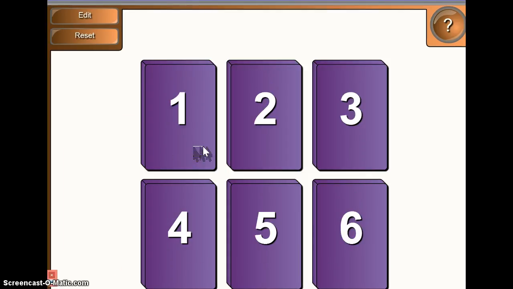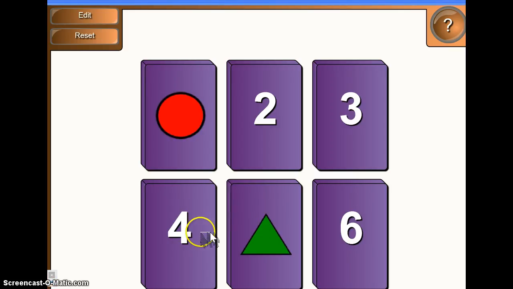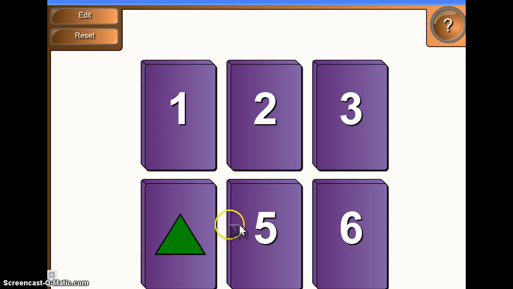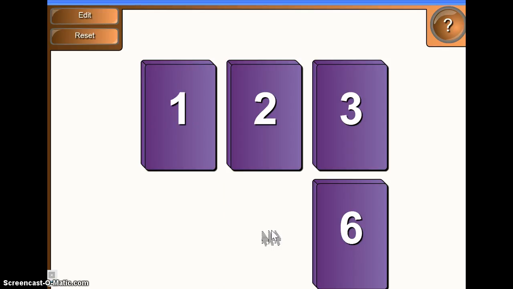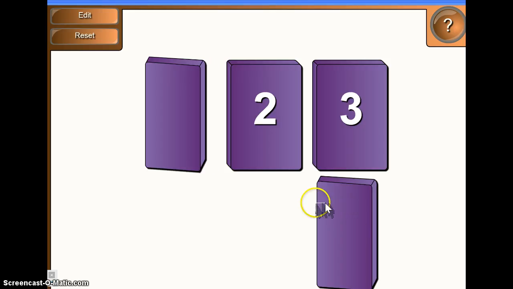This is the same game, but it consists of matching different shapes. Triangle, triangle, circle and square.